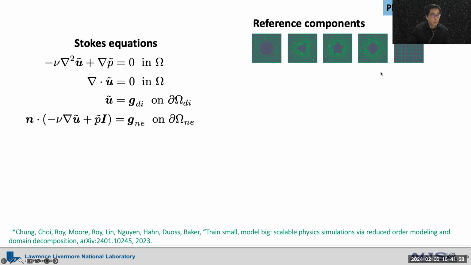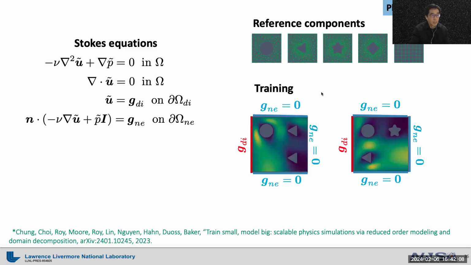Having identified those reference components, what the component-wise reduced model does is you train the reduced basis on this smaller scale by connecting together either pairwise or quadrant-wise, considering many different combinations of your reference components, applying your boundary conditions and initial conditions, and solving your underlying physics.